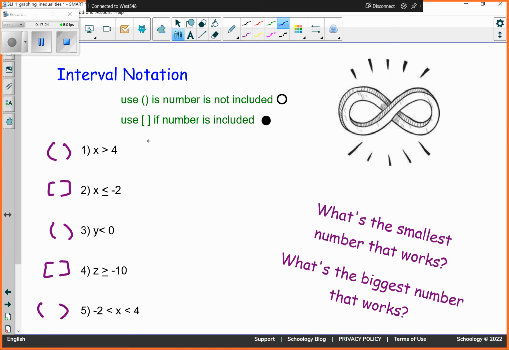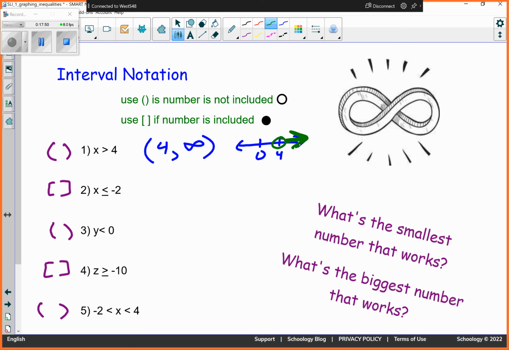So we're going to start at 4, and we're going to go to a really big number called infinity. Okay? So this means the same thing as this.